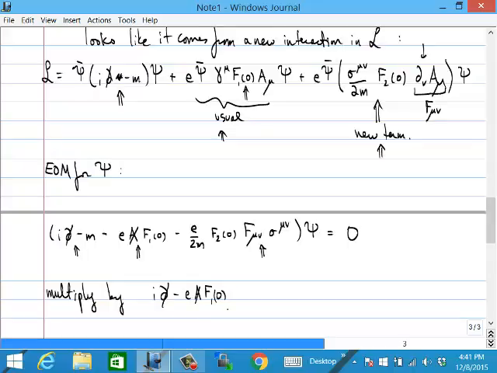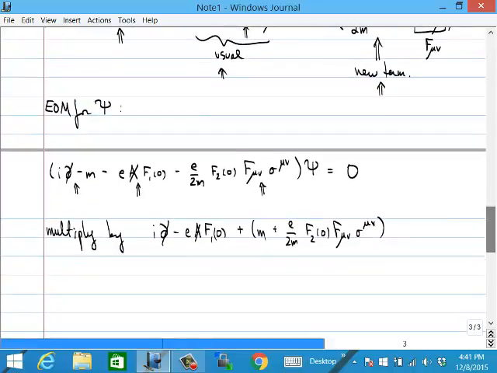I'm going to multiply it by this thing, but with a plus sign in front of the m plus e over 2m F2 of 0 F mu nu sigma mu nu. So I'm just going to act with the Dirac equation on this operator. And I've chosen that operator very carefully so that the cross terms cancel.